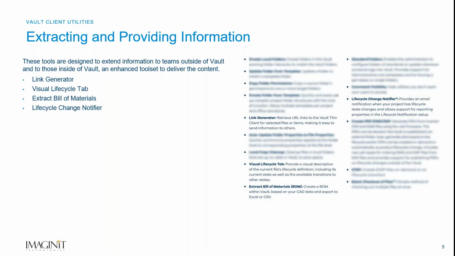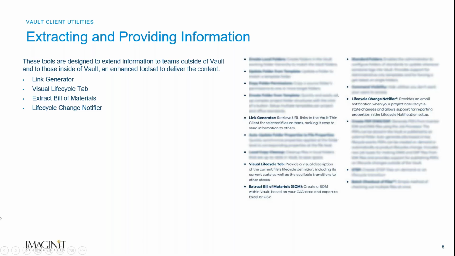I'll point out the visual lifecycle tab that's in here, which allows us to see where in the lifecycle something is and if it can move to another part of the lifecycle. The one I want to point out here is the bill of materials, where I could pull a bill of materials right out of Vault. I can go to a particular assembly and say, let's extract the bill of materials, and it can give that to me. There's also a lifecycle change notifier. So if I go from, let's say, work in progress to released, I can set who gets emailed about that.